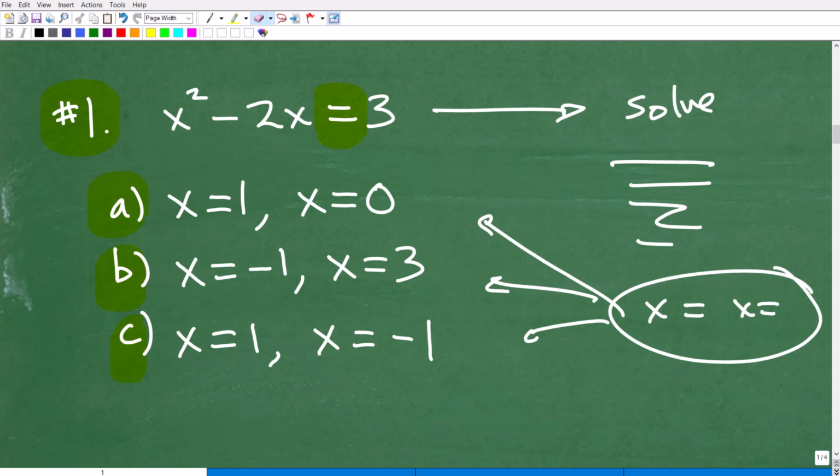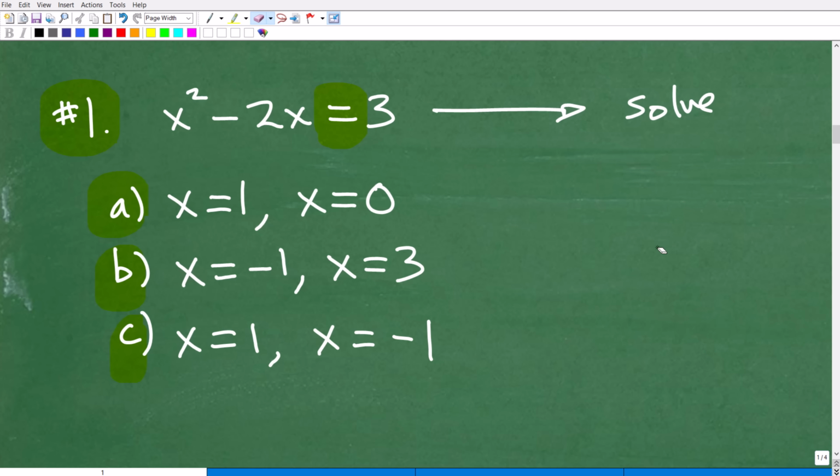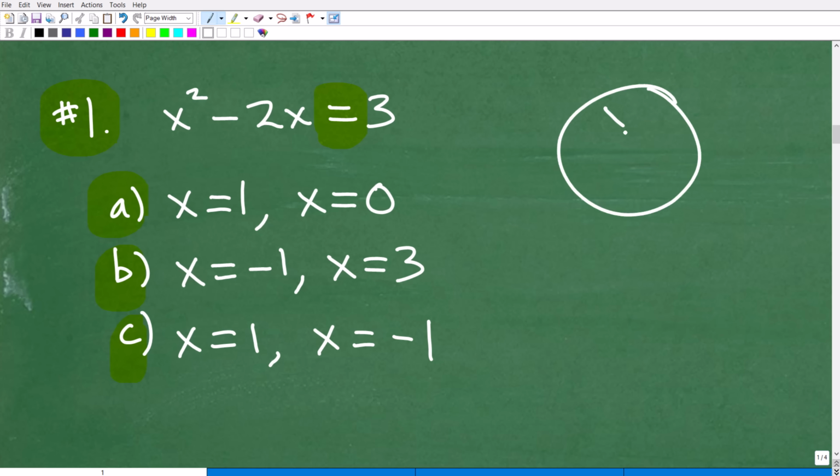That is the preferable way of doing this problem. But let's suppose you didn't know how to solve this. Let's say you looked at this question, scratching your head, thinking, I don't remember how to solve this. Well, no problem, because you remember this little video that you're watching here.